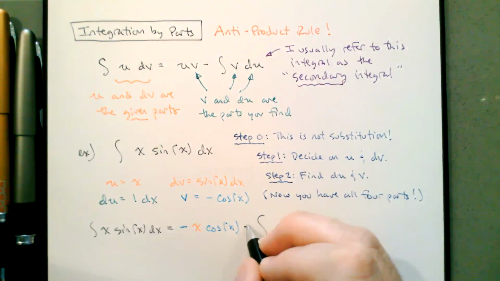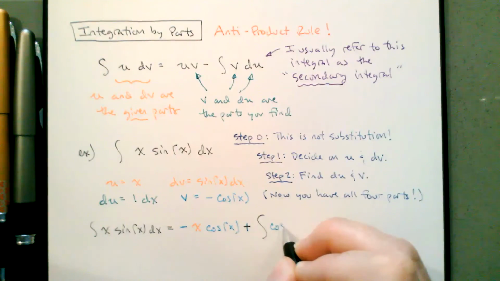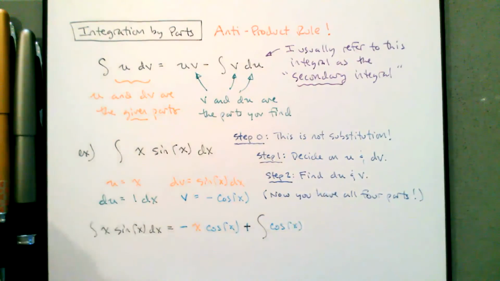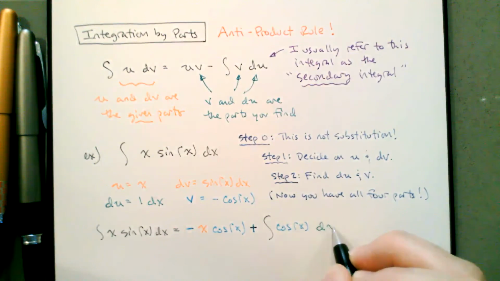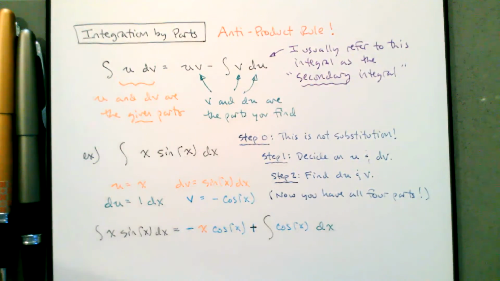It's negative, so I'm going to put negative cosine x times 1 dx. The reason it's plus is that it's minus a negative cosine, and I just combine the negatives.